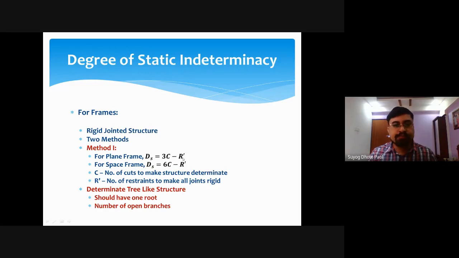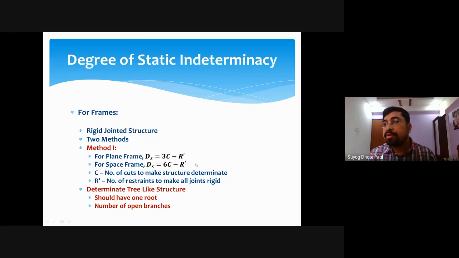Now, several times in this presentation you will find the notation capital R and capital R dash. Don't confuse them, or don't assume that capital R and capital R dash are similar, or that sir has made some mistake in writing capital R dash.